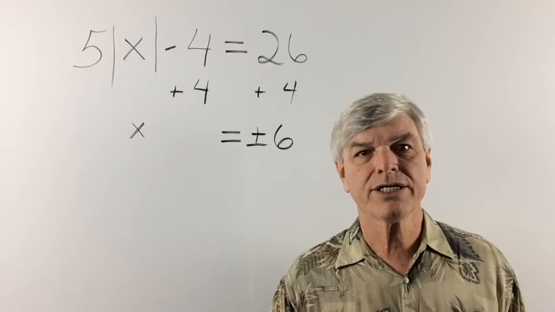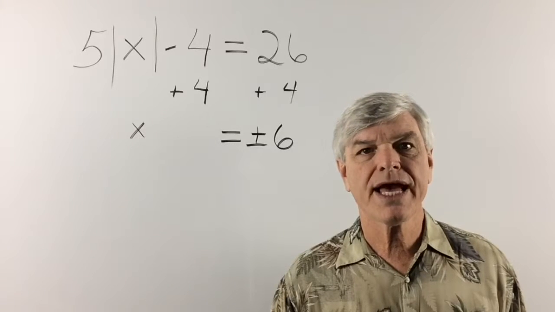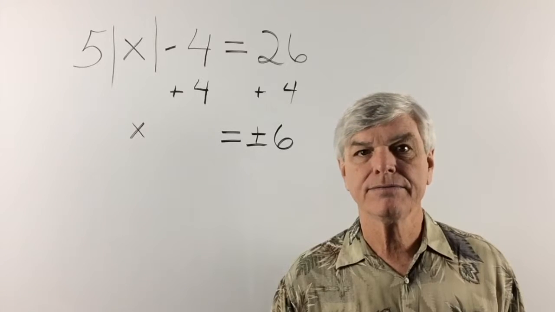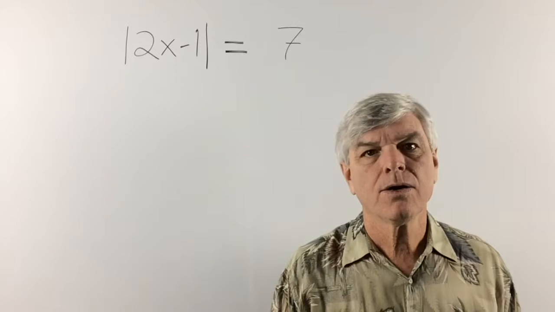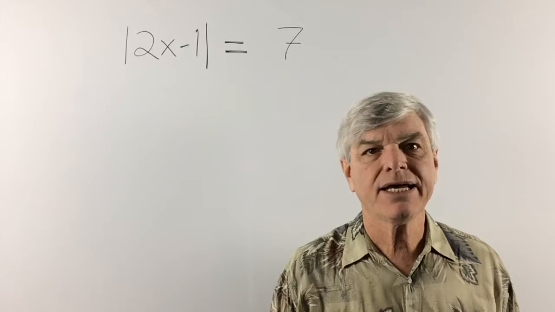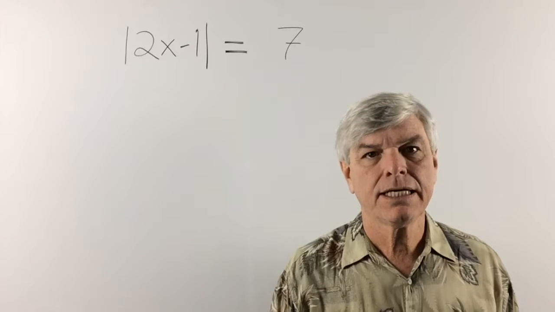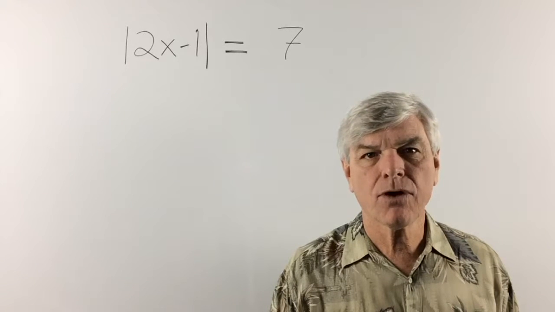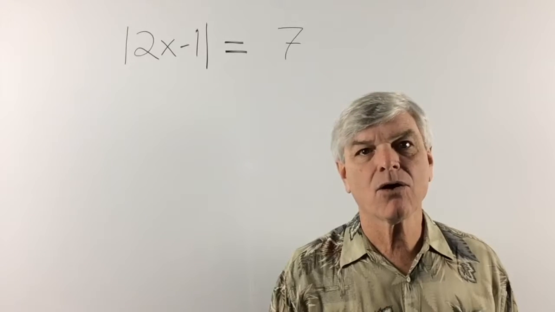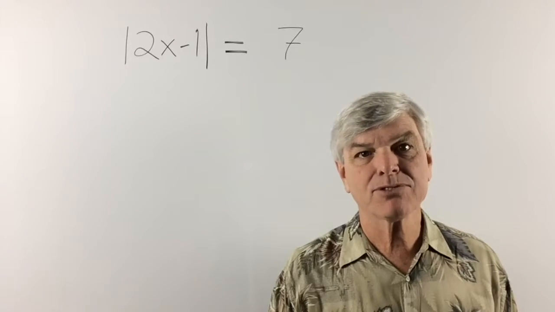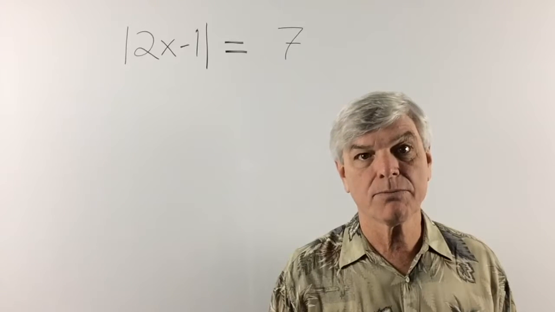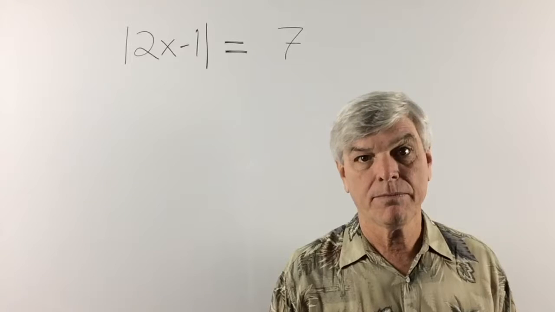Now let's try an equation where within the absolute value brackets we have a variable and a unit. We have the absolute value of 2x minus 1 equals 7. Now, before I go forward, let me warn you a little bit. Those absolute value bars can often look like 1s, so be real careful with them.